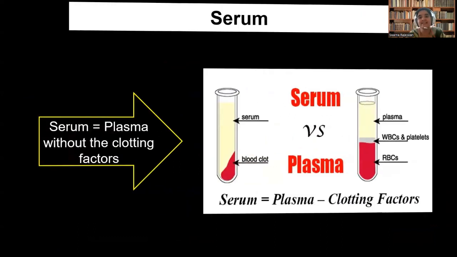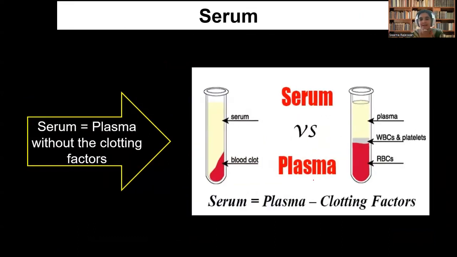Coming to another word, that is serum. How is serum formed from the plasma? When the plasma is centrifuged, we can say that the serum is the plasma without the clotting factors. We know that blood minus blood cells is plasma, and this plasma minus clotting factors we call serum.